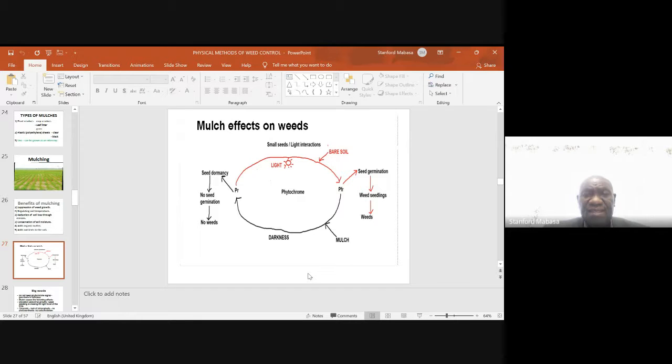On the other hand, phytochrome red, during the presence of light, especially when there is bare soil, is converted to phytochrome far red, which will induce seed germination.